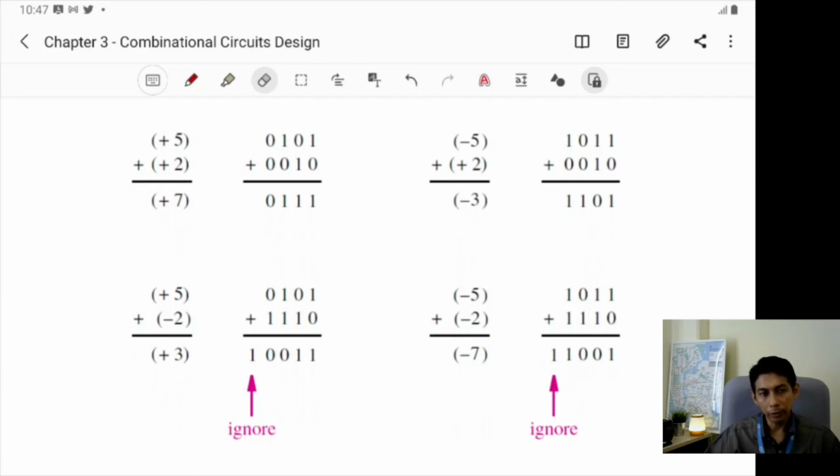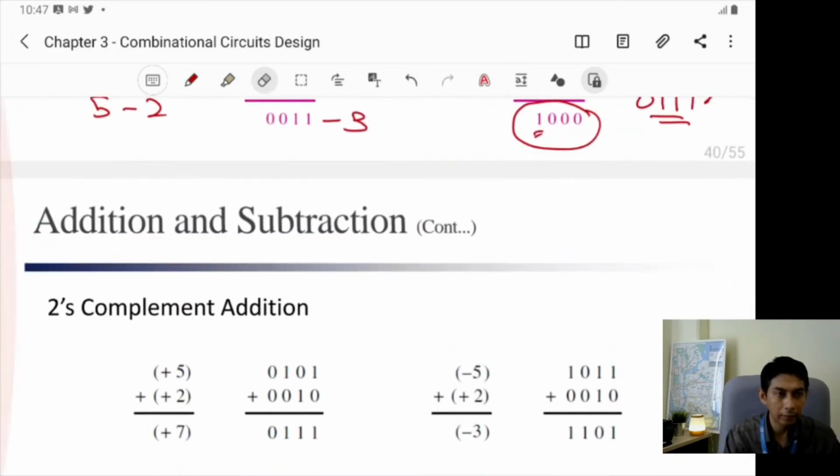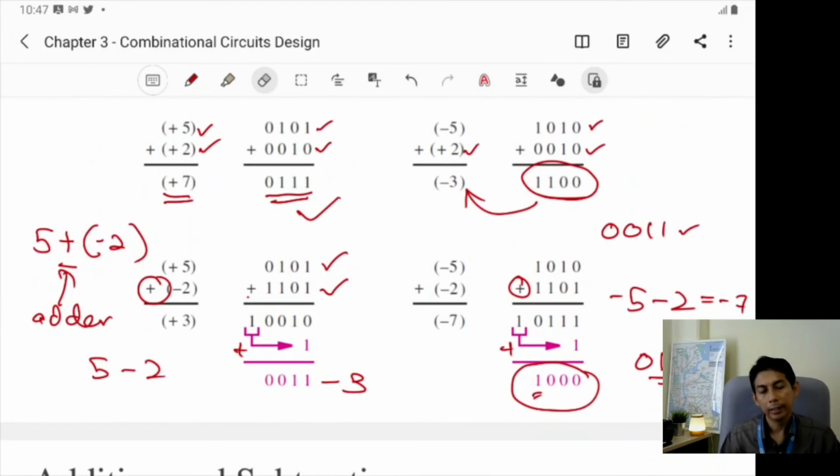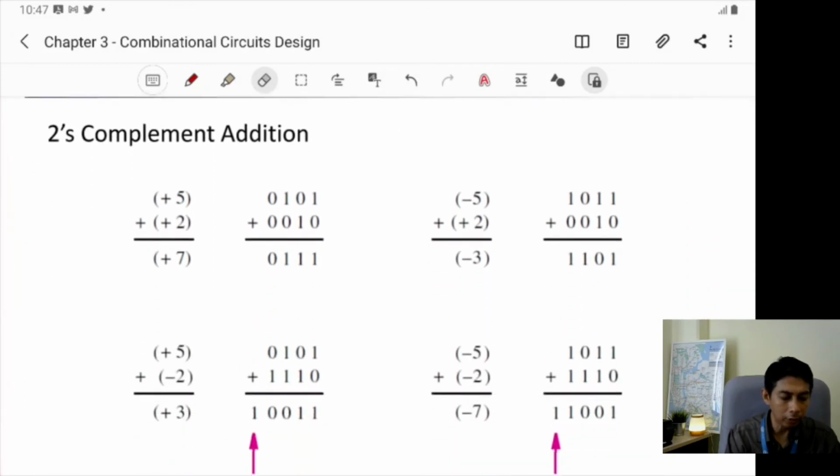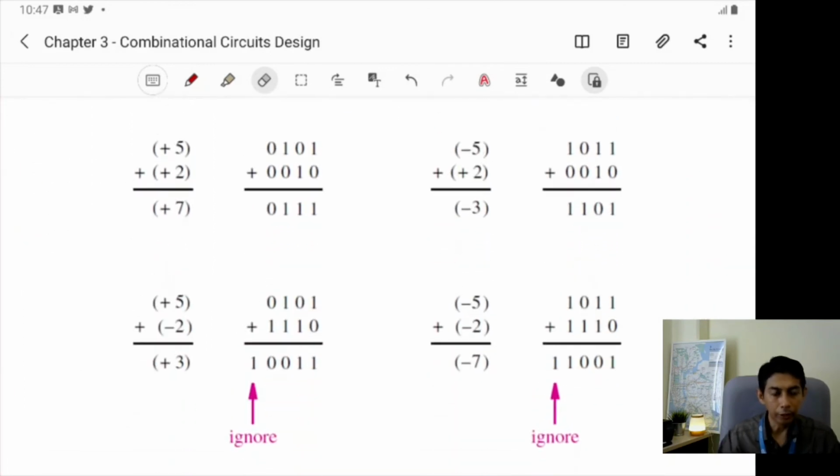So when you see this, by using second complement for addition, you don't need an extra adder, just like what you did in first complement addition. So by using second complement addition, we don't need extra hardware, in other words, an extra adder here.